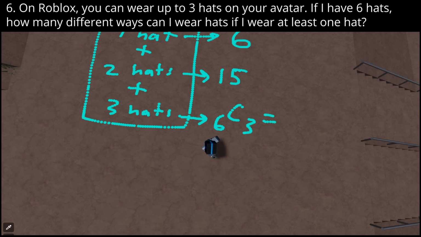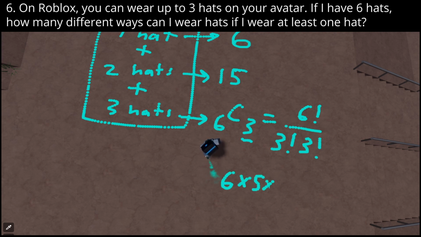And that's equal to 6 factorial divided by 6 minus 3, which is 3 factorial, then times r factorial, which is 3 factorial again. So to simplify this, I can write this as 6 times 5 times 4 times 3 factorial divided by 3 factorial times 3 factorial.